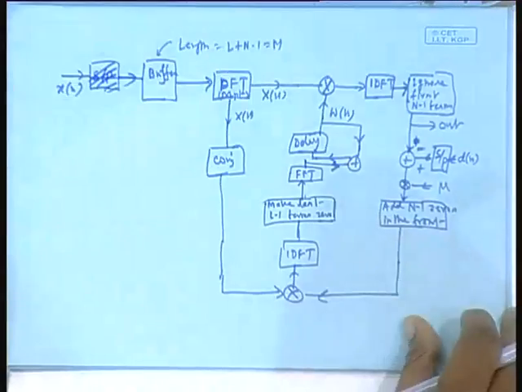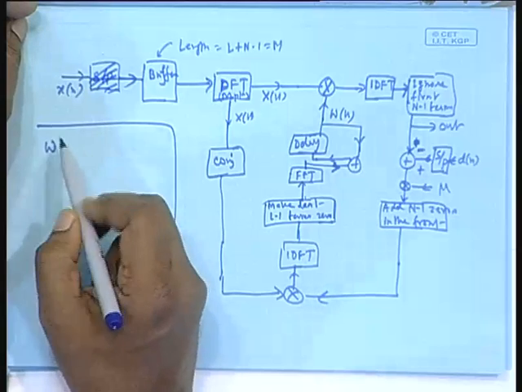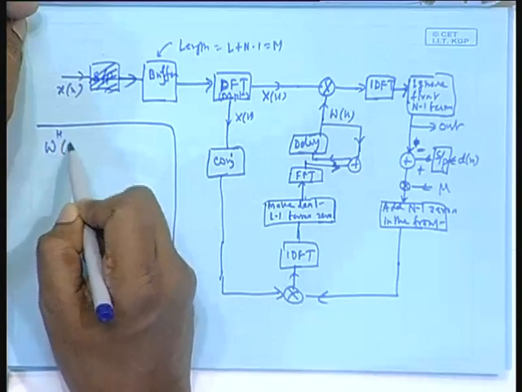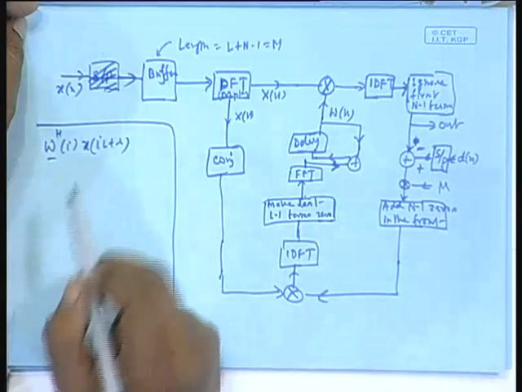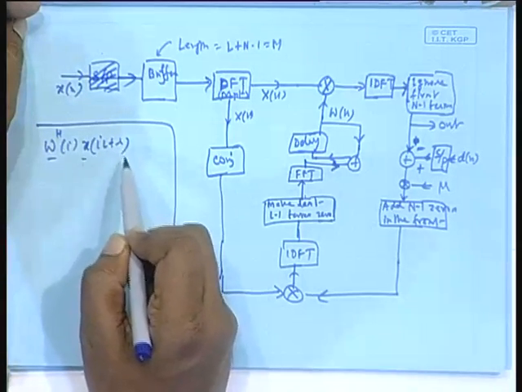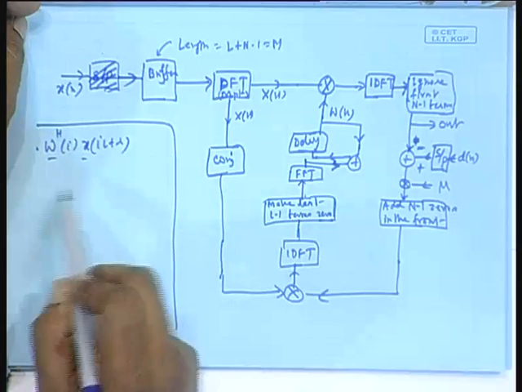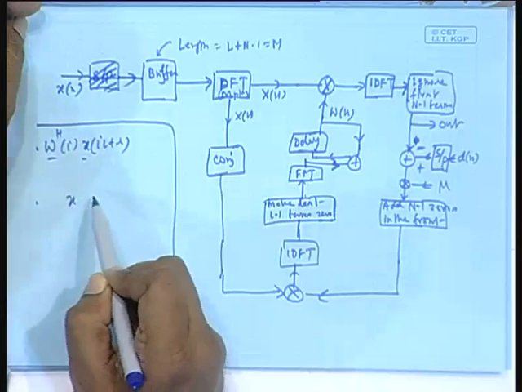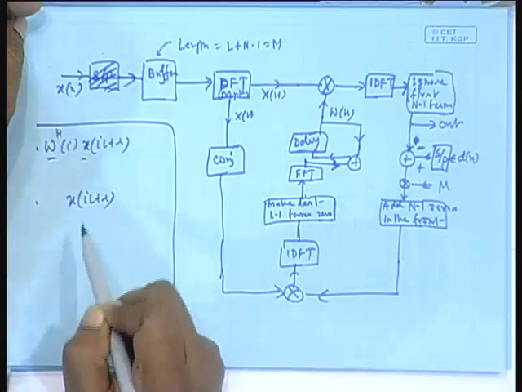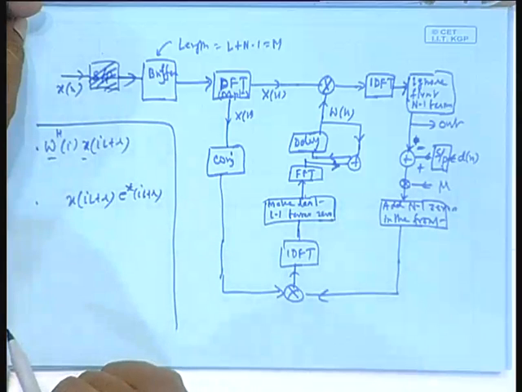In the complex case, we have W Hermitian times x of iL plus r, for r equal to 0, 1, 2, in the filtering part. And in the weight update part, the term is x of iL plus r times e star of iL plus r. These terms would have come.